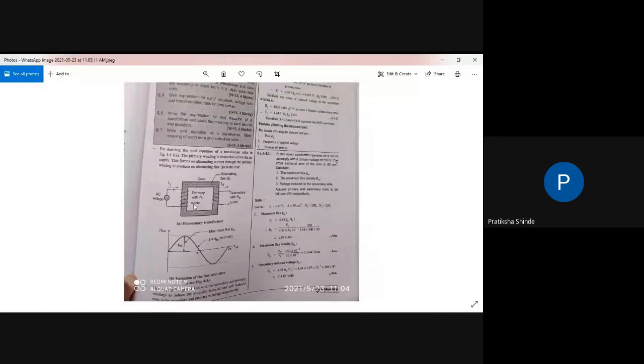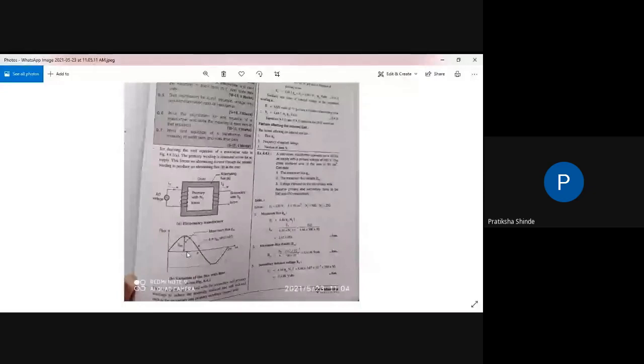Now, how does flux get generated? As the voltage is sinusoidal, the current is sinusoidal, and the flux is also sinusoidal. Compared to the voltage equation from basic AC fundamentals, what is the voltage equation? V of t is equal to Vm sine of omega t.